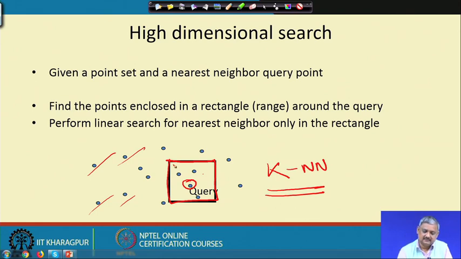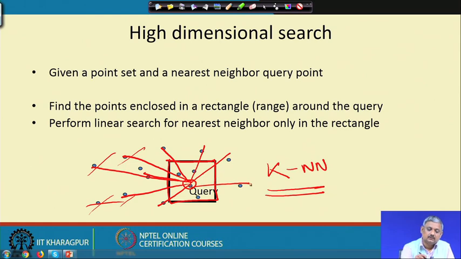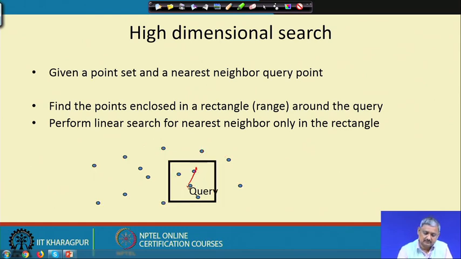What advantage does that give us? Now instead of finding distance to all these points, you find distance to only these points and sort them. That means you define a range, let me call this a range box, or a range rectangle.